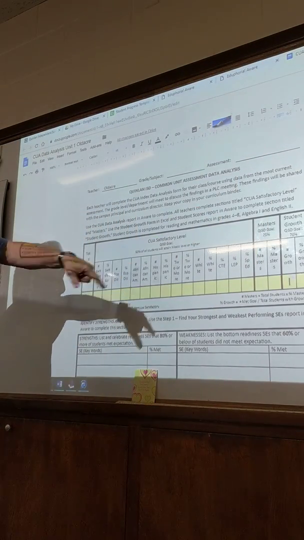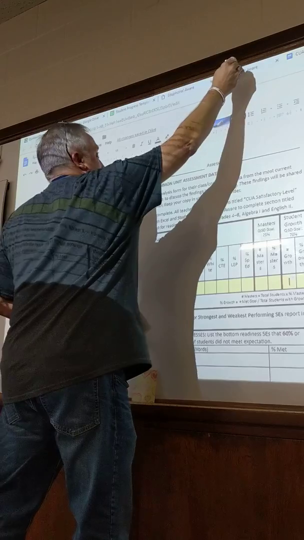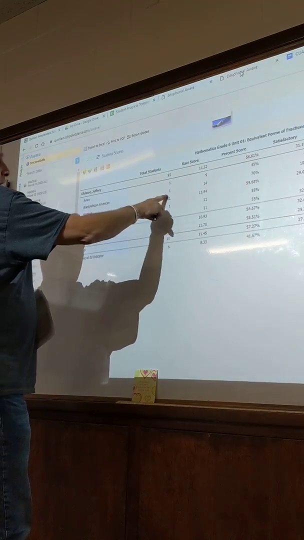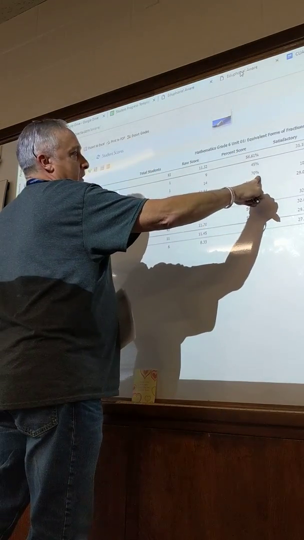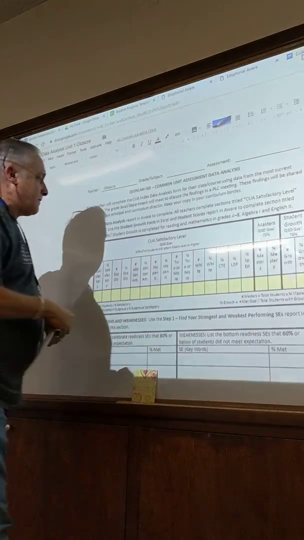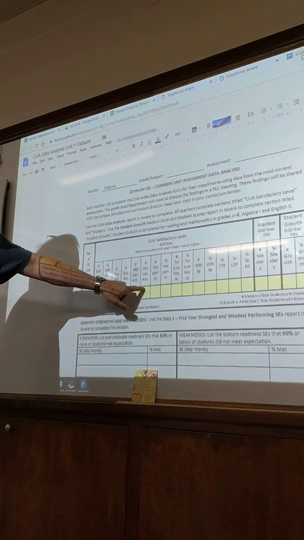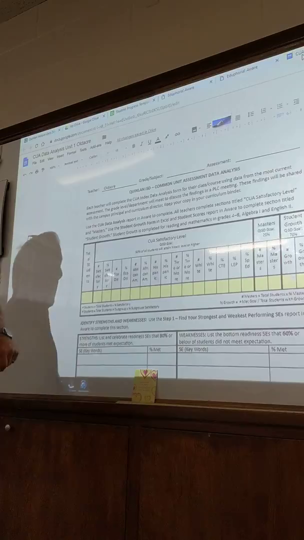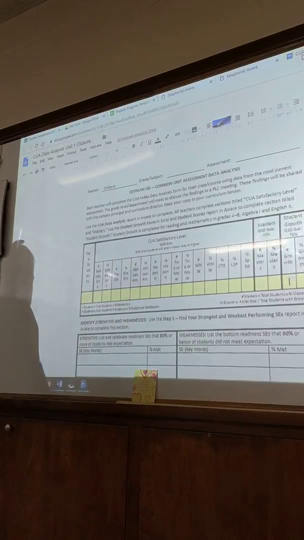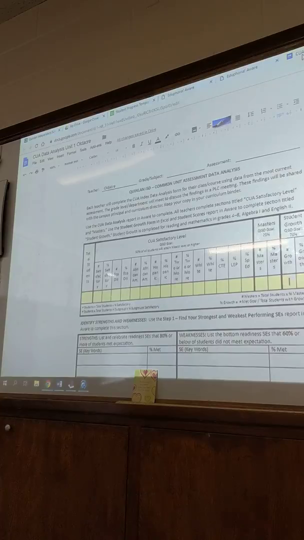Our Asian, we don't have on there. Let's go with Black American. One had a 70. What's their percent? 70. Their goal was 50%. So that exceeds. It did, which is great. Okay? So that's how we're filling that out.